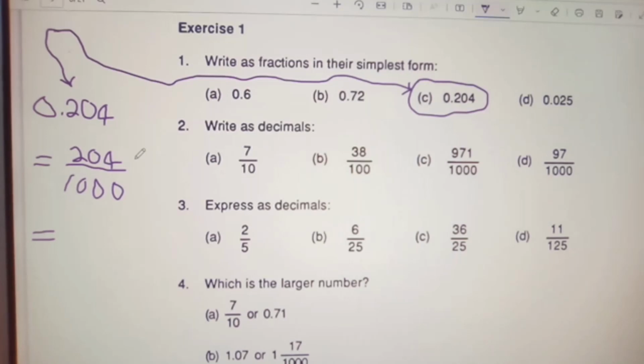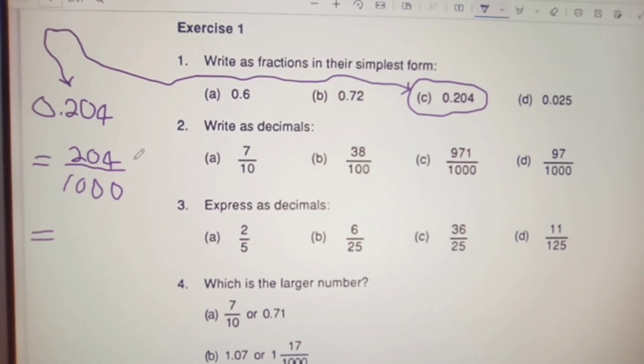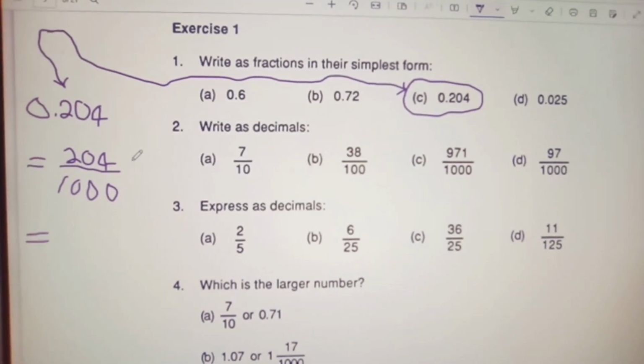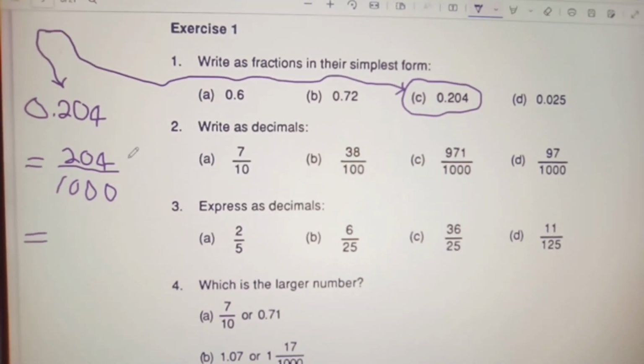Will 1000 divide by 4? Well, let's find out, shall we?